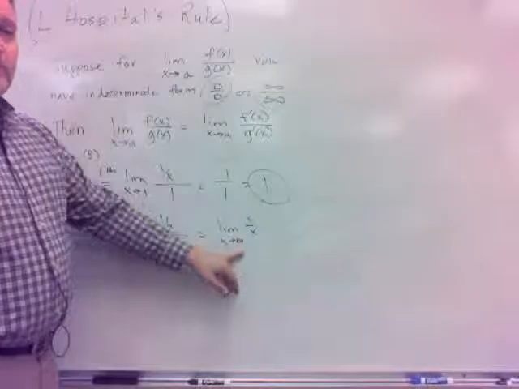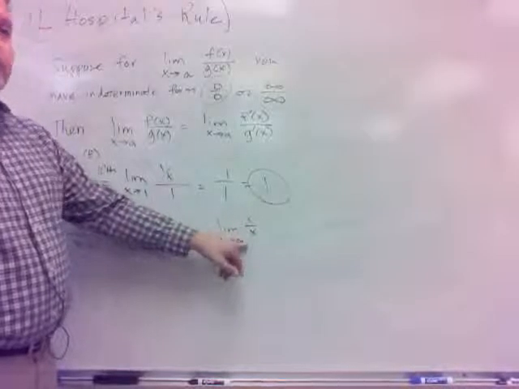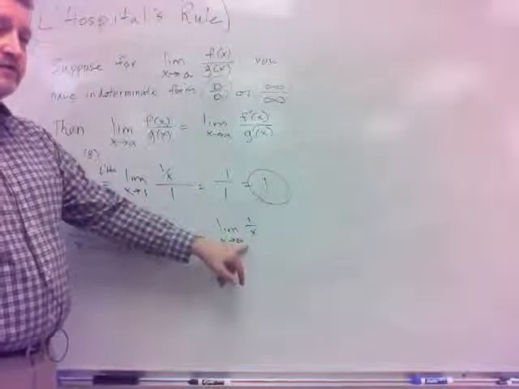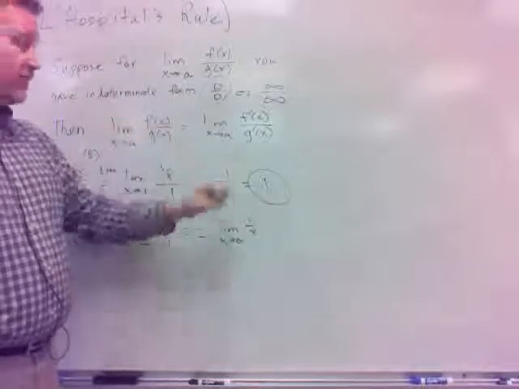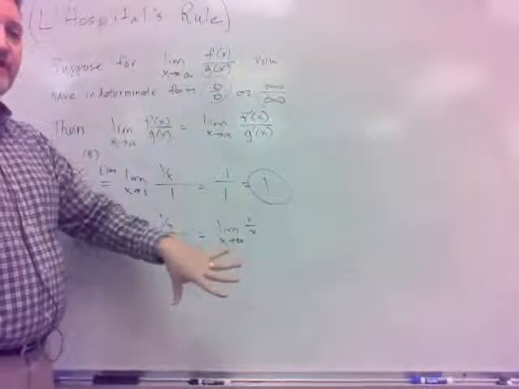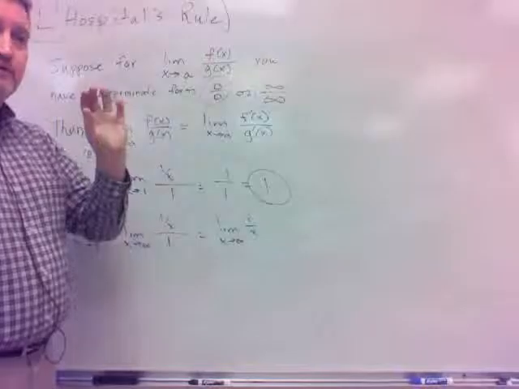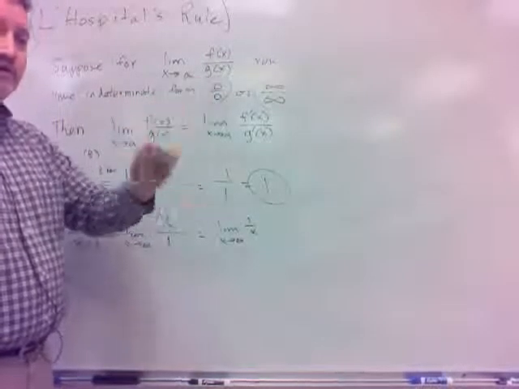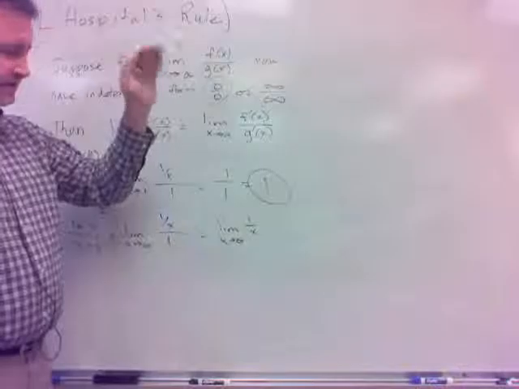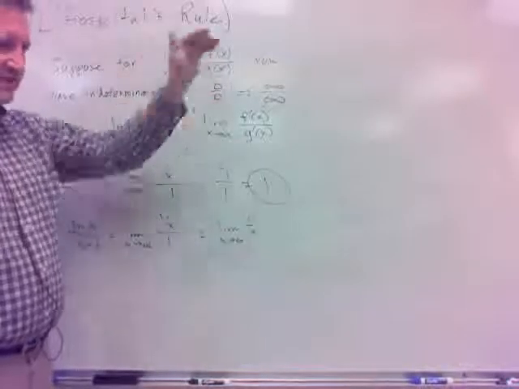This is now doable. I mean, it's 1 over infinity, but what do we come up with on 1 over infinity? It's 1 divided by a larger and larger number. When I have 1 divided by something that's growing infinitely larger, isn't that 0? Because 1 divided by 1,000, 1 divided by a million, 1 divided by 10 million.